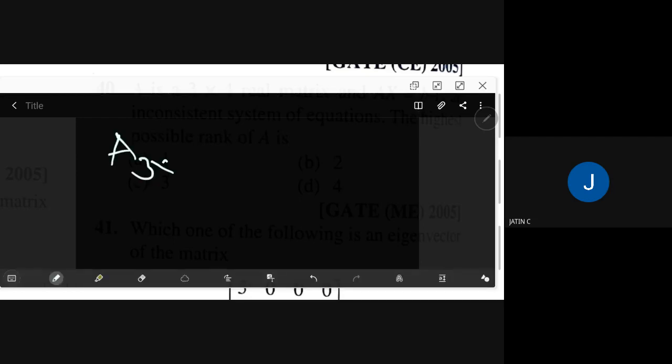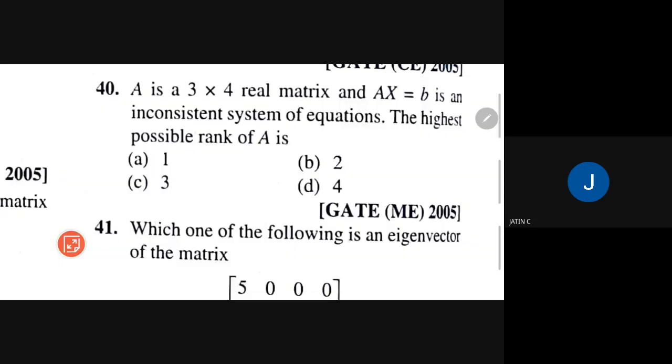Okay, then Ax, your x must be equal to 4 by 1. Then your B is 3 by 1. Good, right. Now you have an inconsistent system. Then the highest possible rank of A?